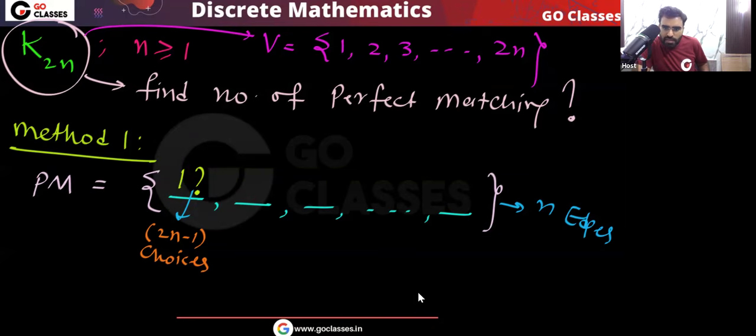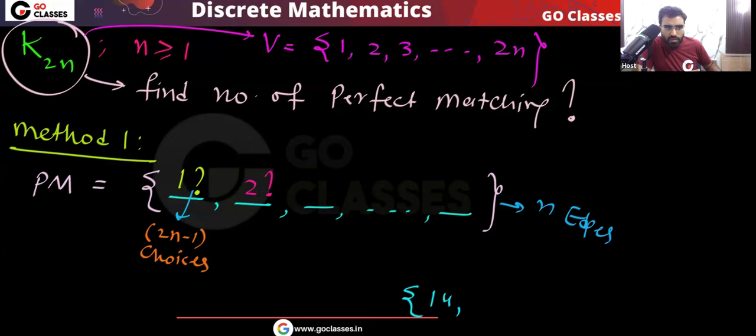Yes or no? See, with this one, I need a partner. There are 2n minus 1 choices. Let's assume I have chosen the partner 4. Now, how many vertices are remaining? 2n minus 2. In those vertices, the minimum numbered vertex is 2. For this 2, I need a partner.